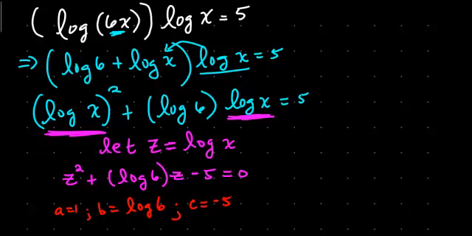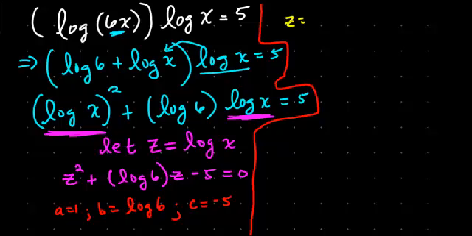So to solve this for z, we just plug into the quadratic formula. Let me make sure I give myself some room over here. Z equals negative b, so negative log 6, plus or minus the square root of b squared, log 6 squared, minus 4ac.